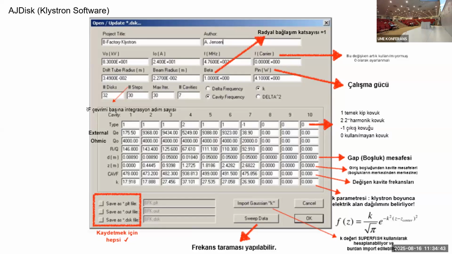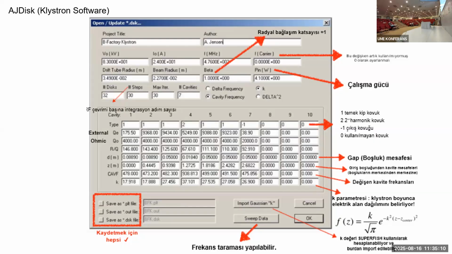Janssen is the famous klystrons or cavity. And you can write here voltage. At first, potential, it means about 83 kilovolts.